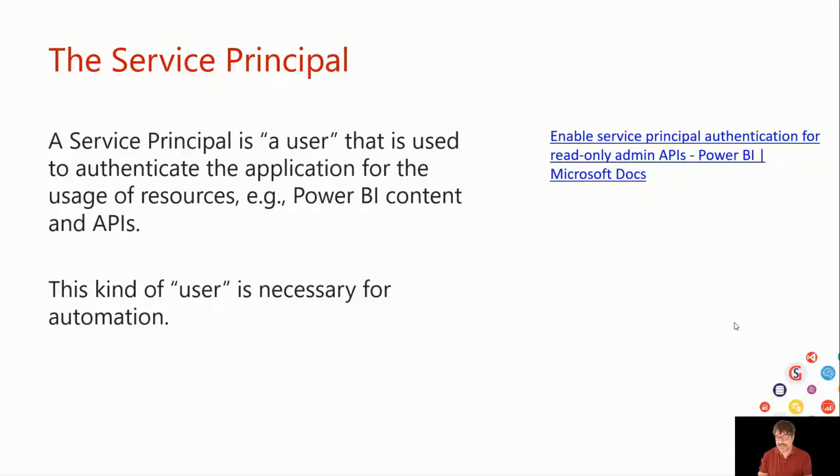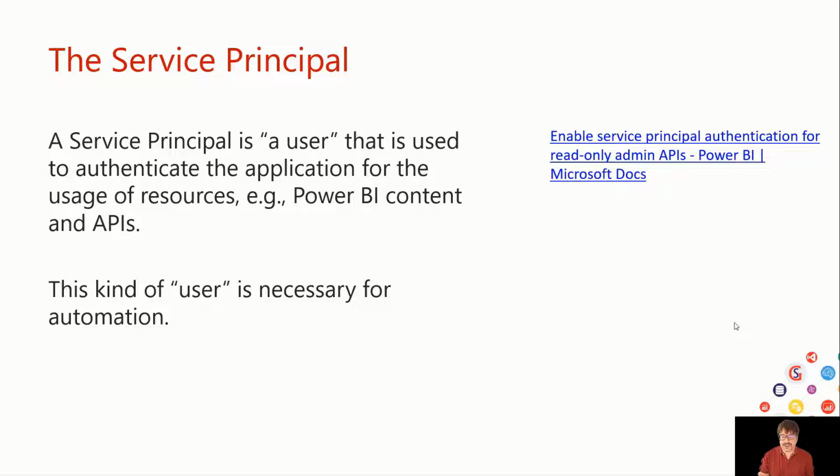My Power BI REST API call or my PowerShell script can be considered an application. And if I want to use resources from the Power BI service, namely the REST APIs, then this application has to be authenticated itself. For this authentication, the service principal is used.